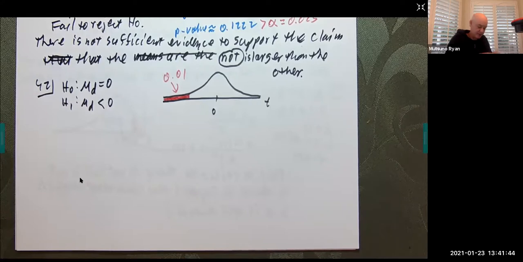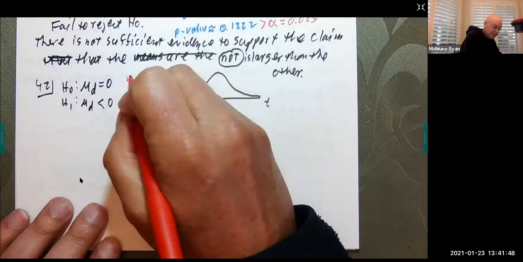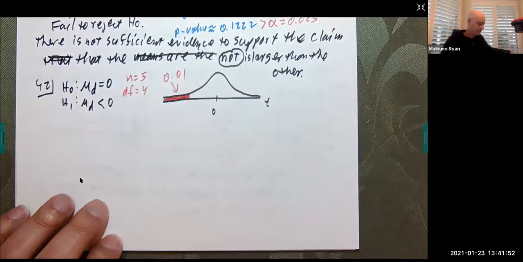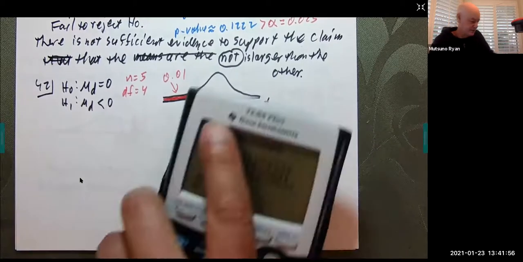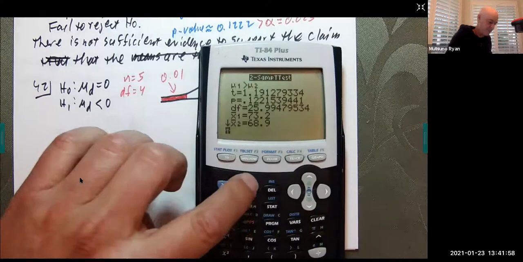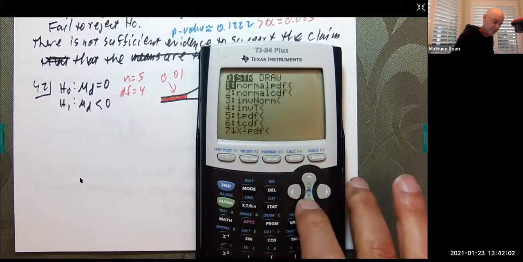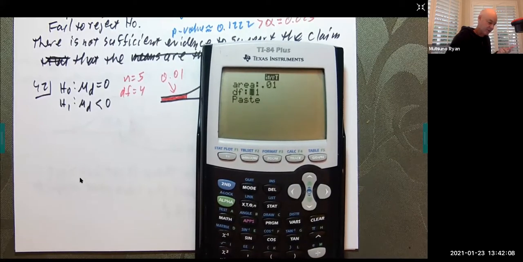This means that n is 5, which means our degrees of freedom is 4. So let's do our inverse t. And area to the left, it's just 0.01. I don't have to do the 1 minus because it's already on the left. Degrees of freedom is 4.